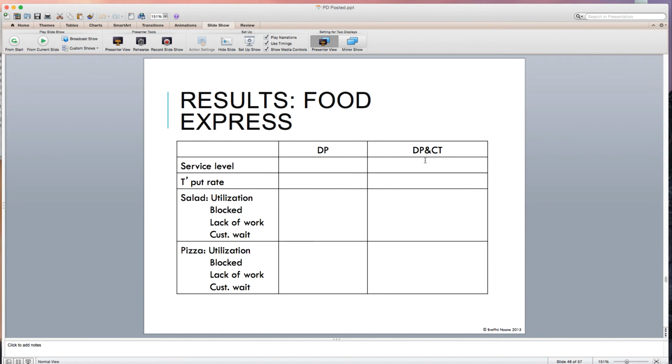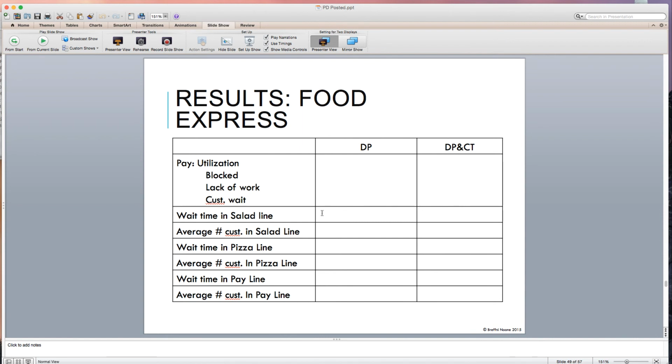And we'll do that the next time we get together in class. So ignore that column for a moment. Step through this DP or decision point column here and see how you do in terms of filling in your results. So see what you can pick out like we did in the bank example and fill in your results. And we will regroup to discuss this problem next time in class. Thanks, folks.